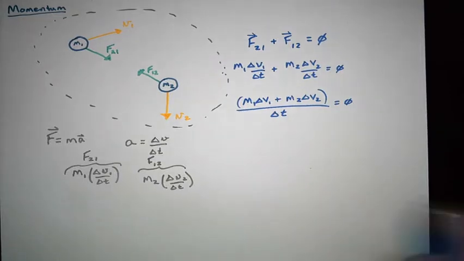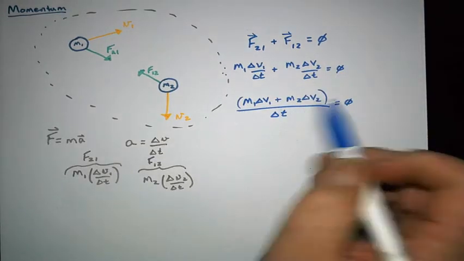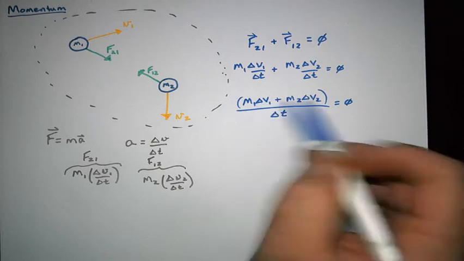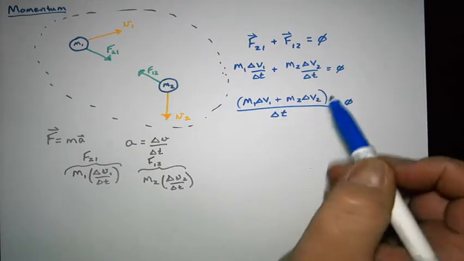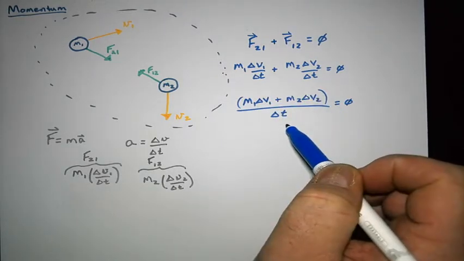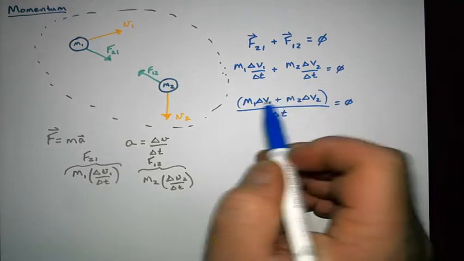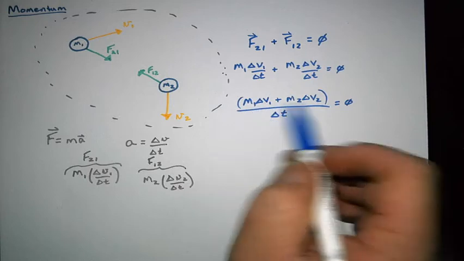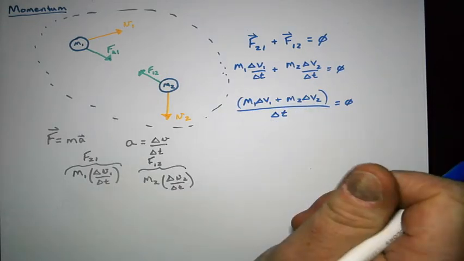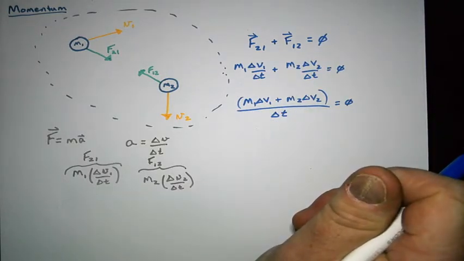Well, if this plus this divided by time equals 0, what can you tell me about this up here? Or what's going on here?